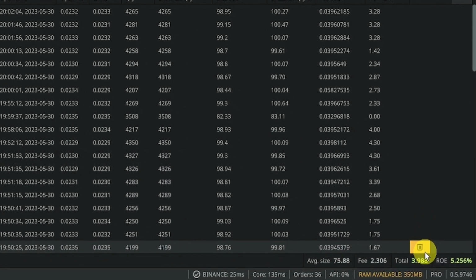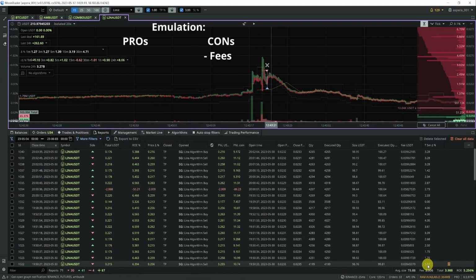Almost $4 in profit, but for that I paid $2.3 in fees on top of that. So you see the difference. With my low volumes here, fees actually play a role, a big role. But for emulation, this is not a consideration at all.